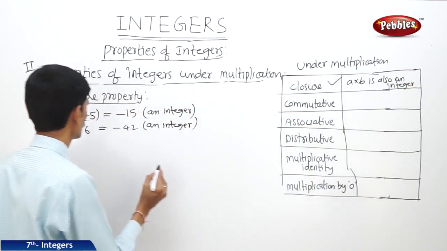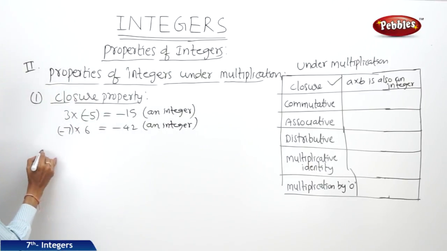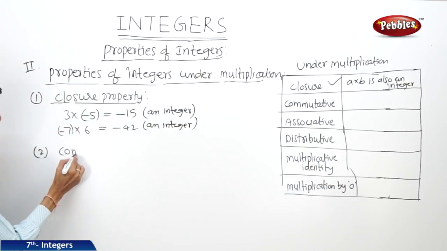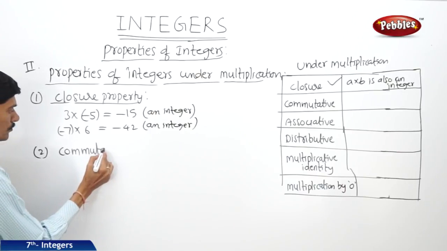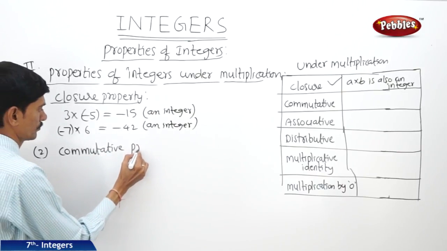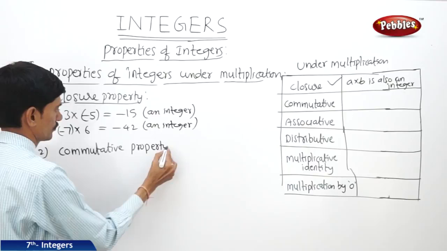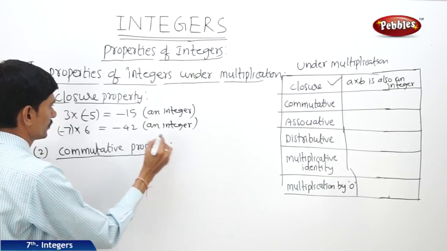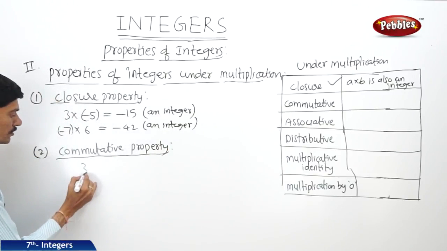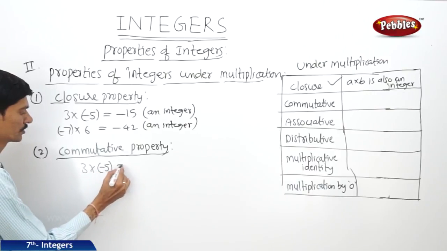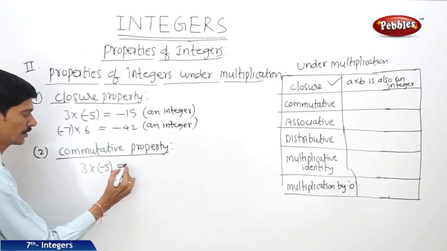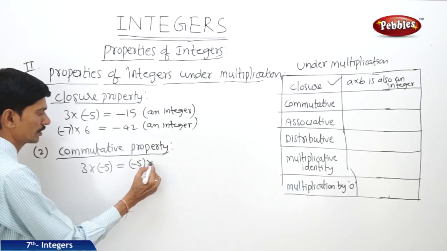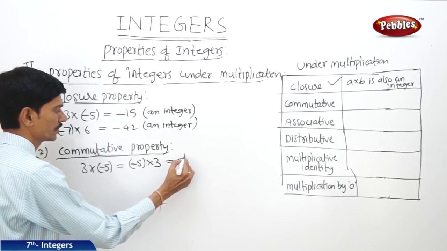Next, if you take the commutative property, now if you multiply 3 and minus 5, we get minus 15, and if you multiply minus 5 and 3 also, we get minus 15.